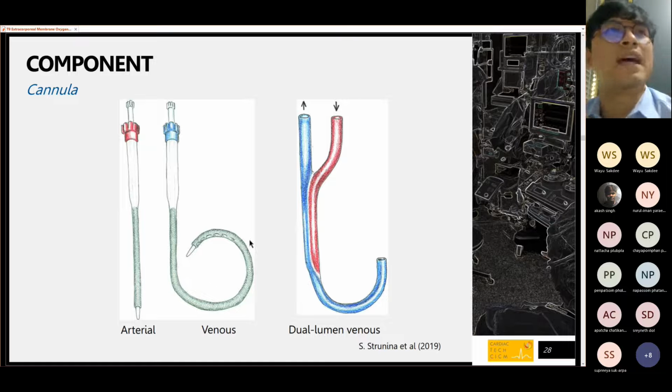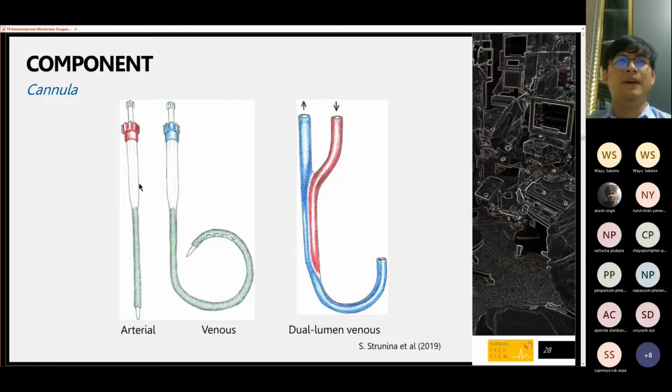Here is the cannula type. Let's say the peripheral cannulations. Here I show you, this one is for VA ECMO.